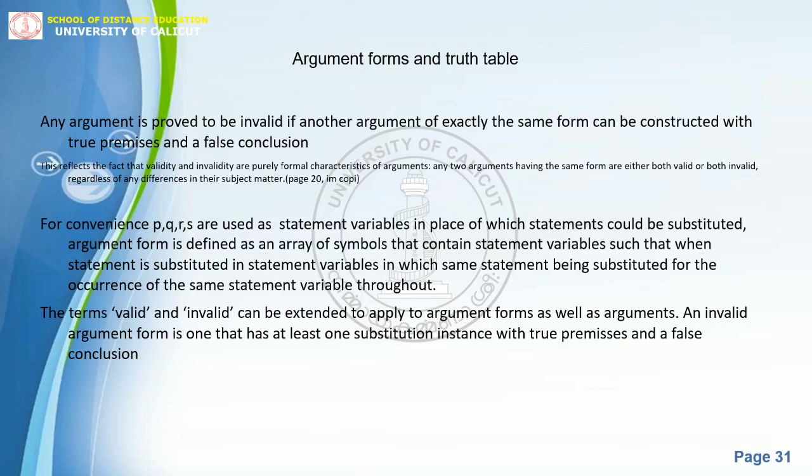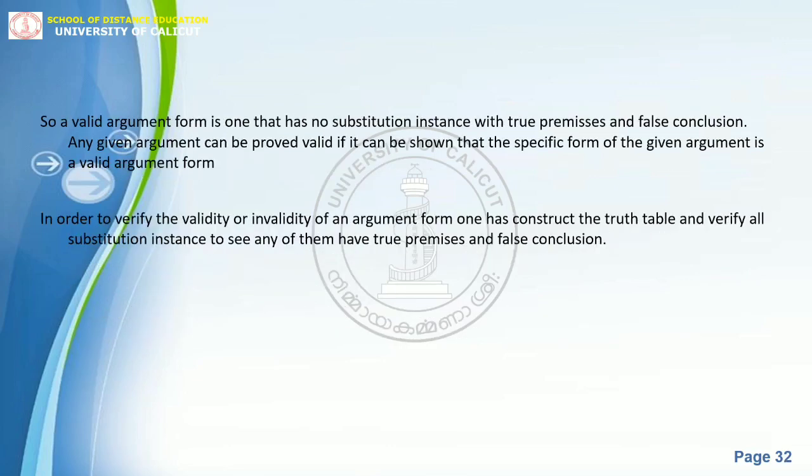The terms valid and invalid can be extended to apply to argument forms as well as arguments. An invalid argument form is one that has at least one substitution instance with true premises and false conclusion. A valid argument form is one that has no substitution instance with true premises and false conclusion.